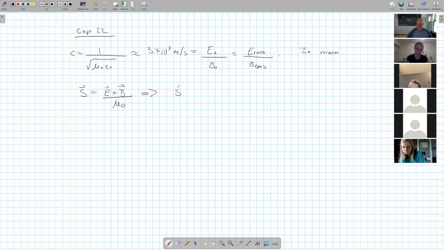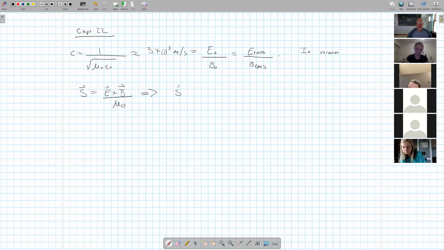In that case, you would have to use the surface area of a sphere, which means that this would be equal to 4 pi r squared. Cross-sectional area would be something like if you're dealing with a laser, something that's well confined, so it's not a point source. In that case, the area would be the cross-sectional area, which would be pi r squared. So good.